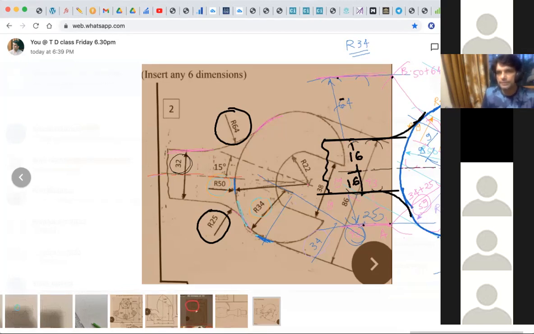I'm writing 64 parallel line, here 25 parallel line. Then from point P you cut 59. It will cut here, that is point A. And from point O you cut 114, that is point B. Wherever it meets, from there you can draw radius 64. From here you draw radius 25. Got it? Do this much.